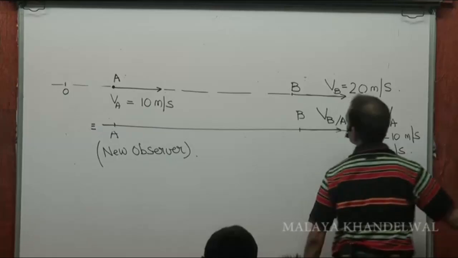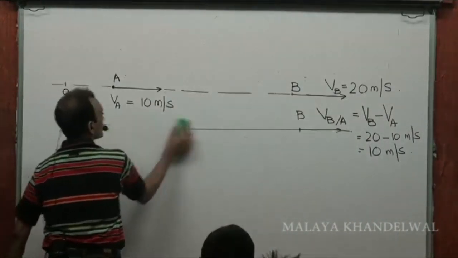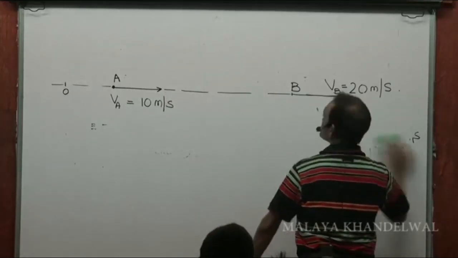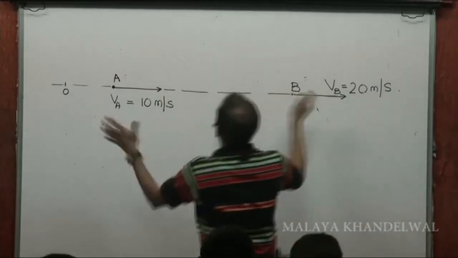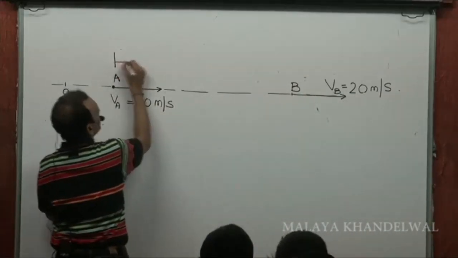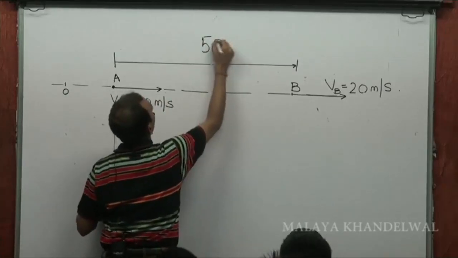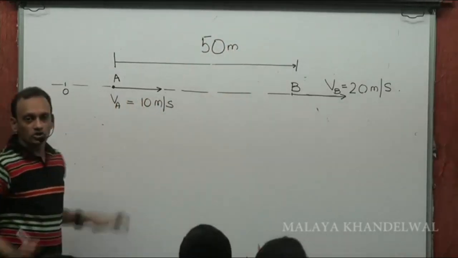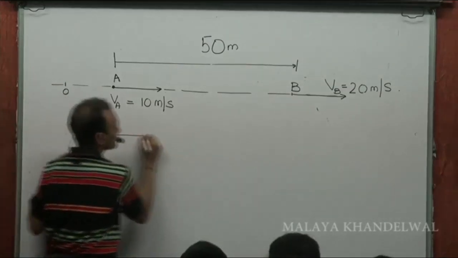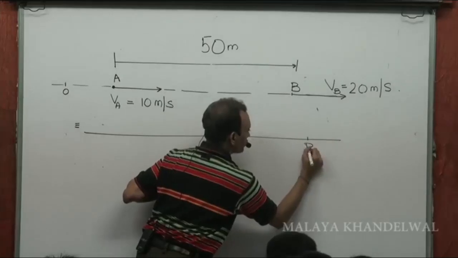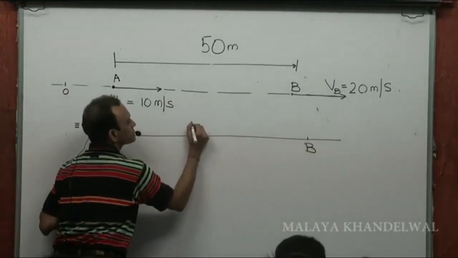Now, essentially, if the separation between A and B was originally 50 meters, then in the equivalent situation, at time t equal to 0, the separation between A and B is 50 meters.